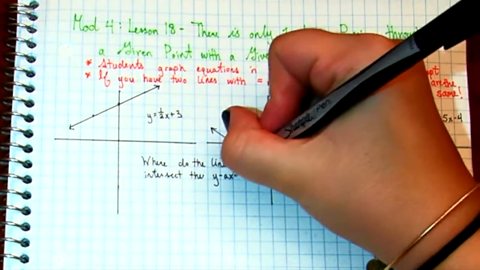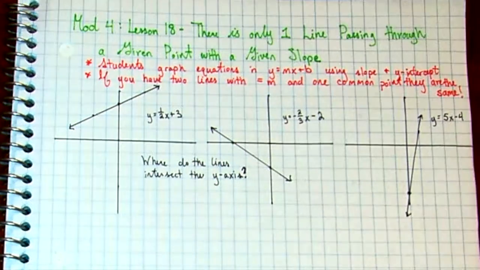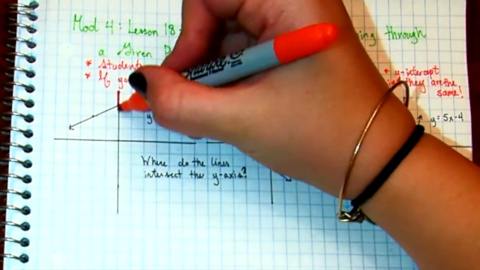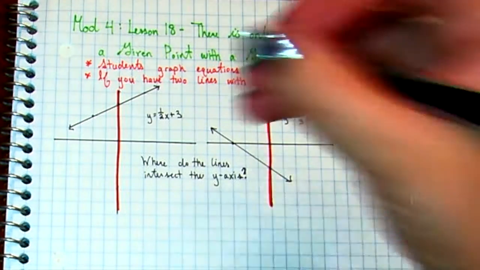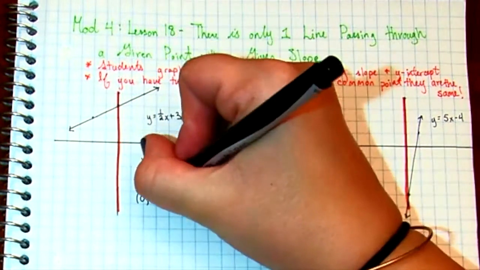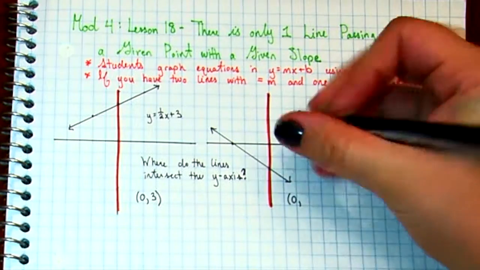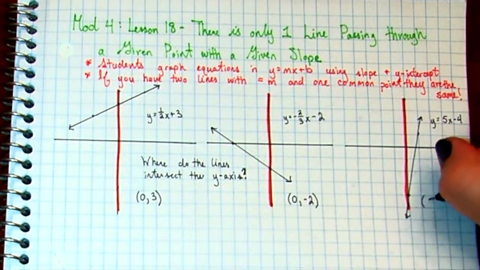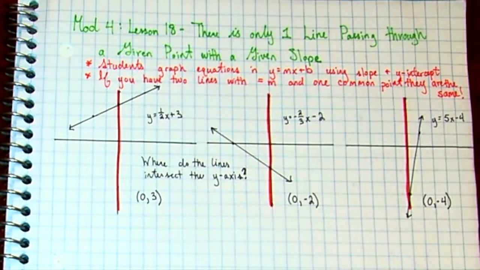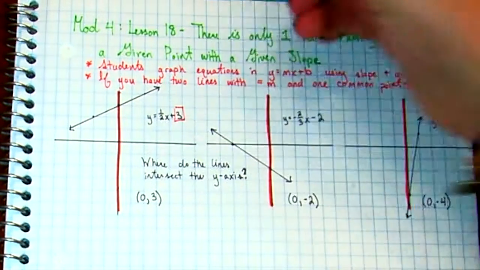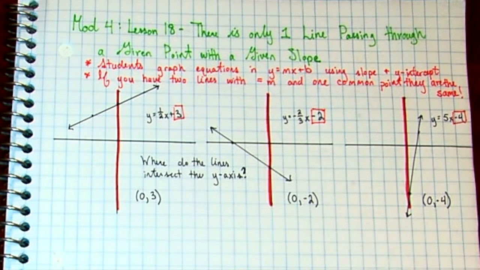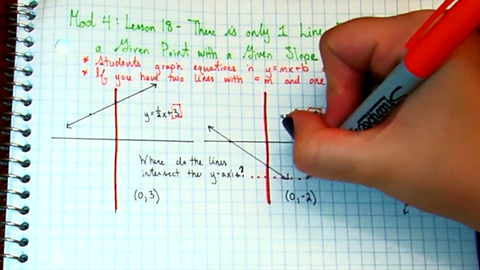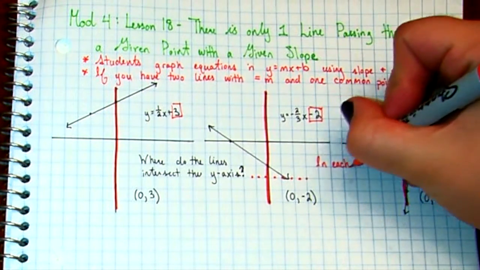And what I want to think about is where do the lines intersect the y-axis? Now remember, the y-axis is that vertical axis. So where do my lines intersect that axis? So where x equals 0, what is the y value? And just by observing those lines, I could see that my first intersection is at 0, 3, the second one is at negative 2, and the third is at negative 4, which also happen to be the final constant value in each of my equations.